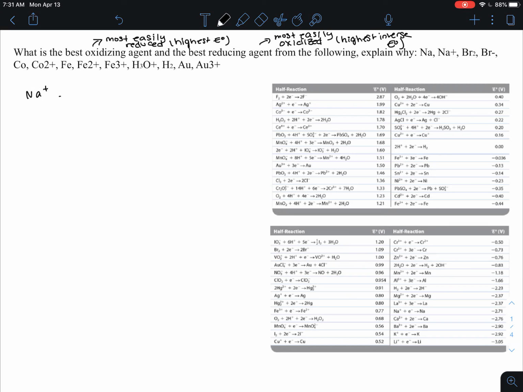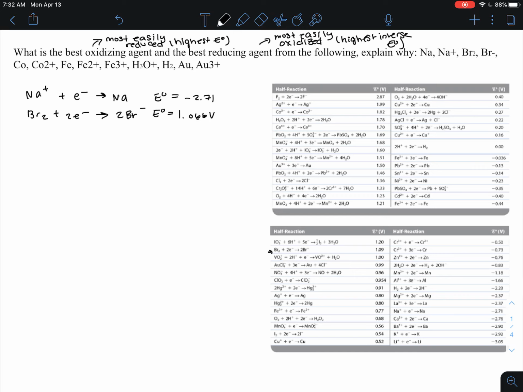Sodium is not on these tables, so I would look it up, and I find that the sodium reduction reaction is the following. Bromine, can I see bromine on my table? I do, it's right here. Bromine plus 2 electrons gives me bromide ion.